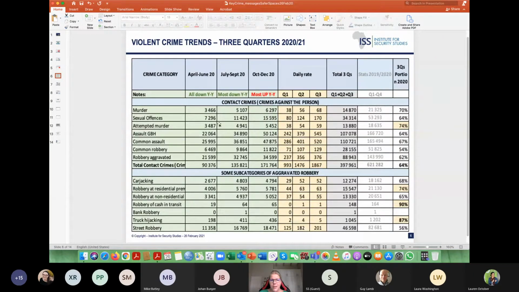But the one thing that these statistics released by the police do not tell us is what makes up this aggravated robbery figure, this huge figure that drives a lot of the violent crime, together with assault and common assault. When we start unpacking it, we see that it is often driven by what they call the trio crimes: carjacking, robbery residential, and robbery non-residential, the business robberies.